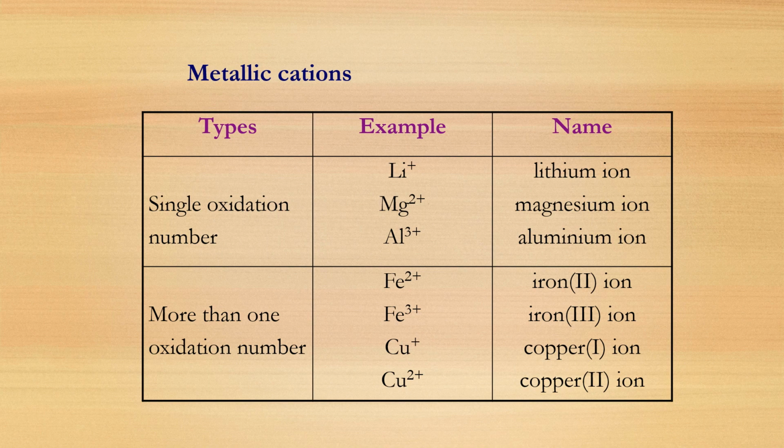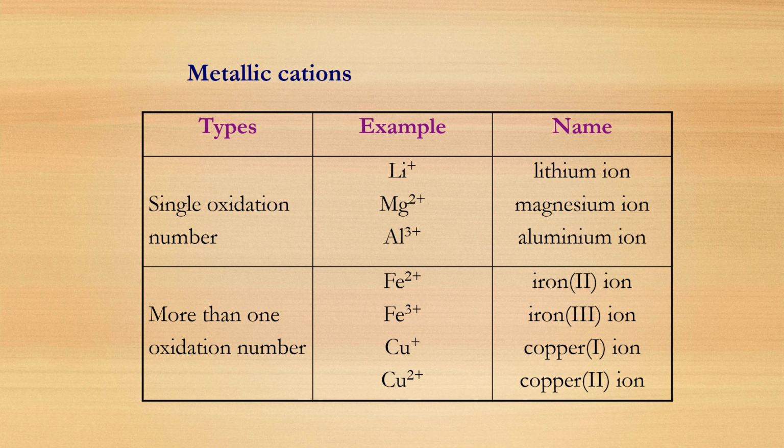Li+ is known as lithium ion. Mg2+ is known as magnesium ion. Al3+ is known as aluminium ion. However, for more than one oxidation number, the name is different.